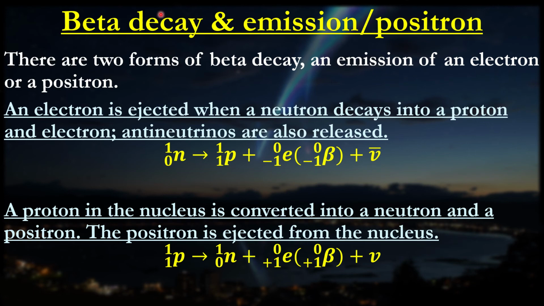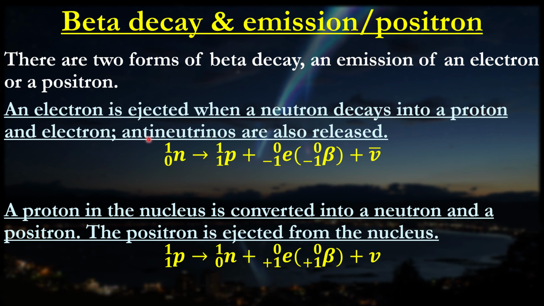Now, generally speaking, the reason why we have a beta decay is when the charge to mass number ratio is too high. So to get that additional charge, what actually happens is a neutron will decay into a proton and an electron, and subsequently that electron is pushed out into the surroundings.